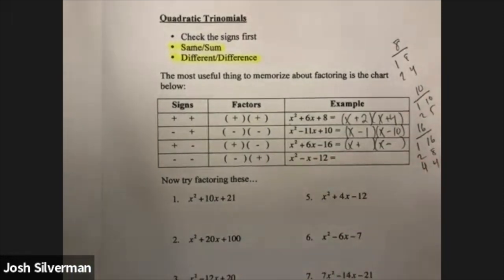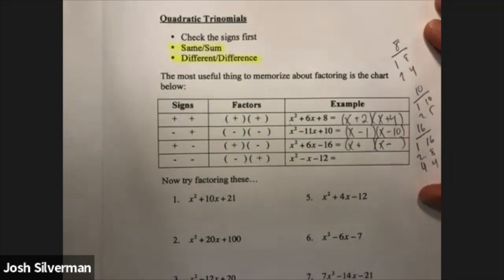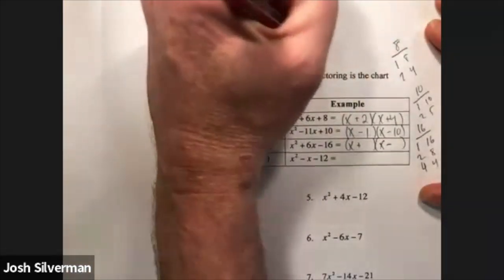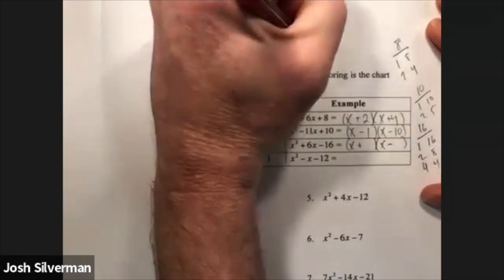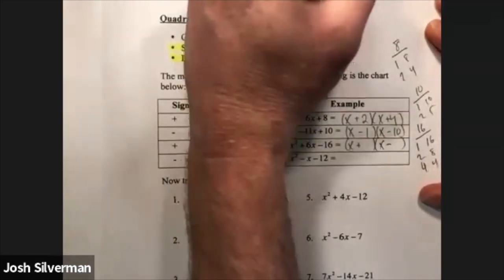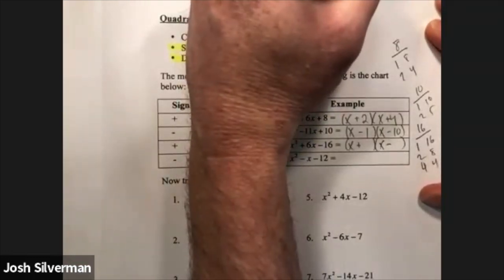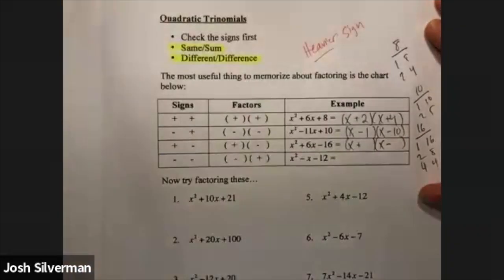And this is my exclusive rule. The heavier sign, not the bigger number, but the heavier one. The heavier sign is, to use a very specific math term, the number with the absolute value that is greater.